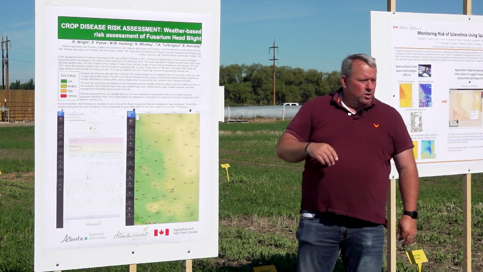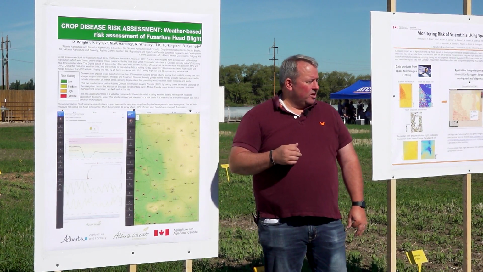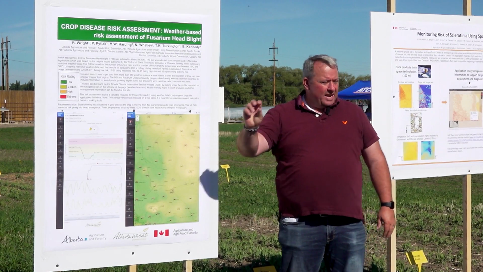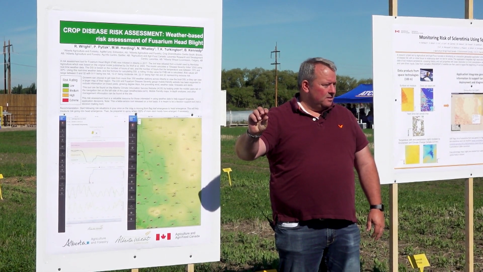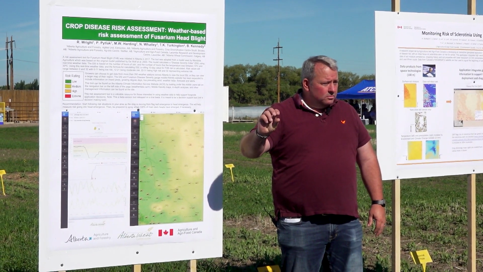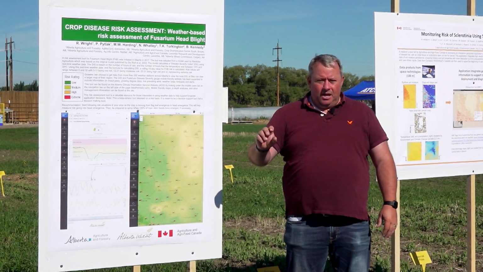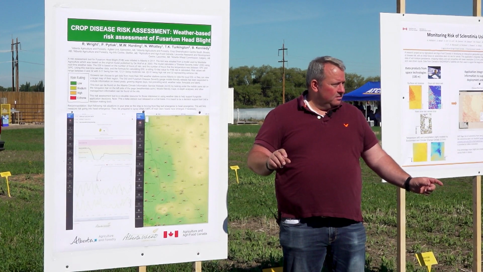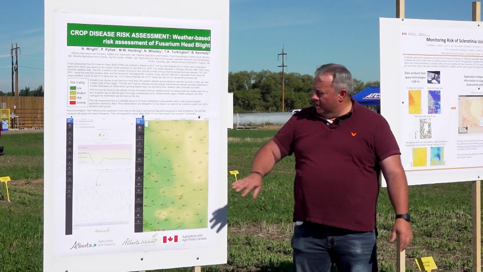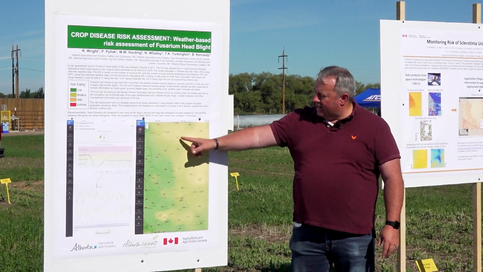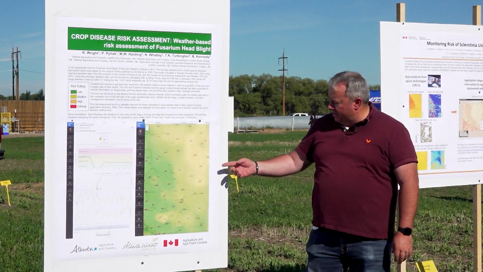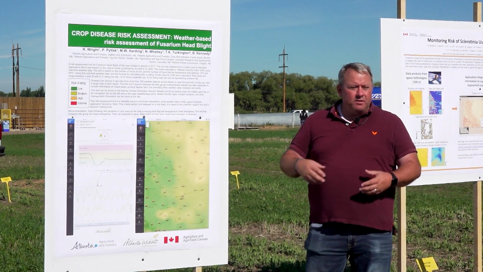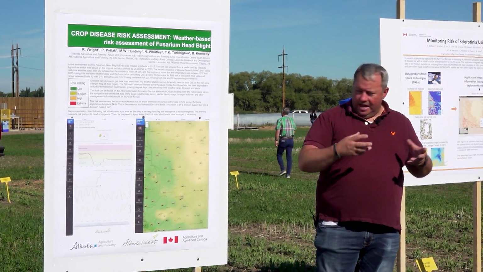So if you Google ACIS, Alberta Climate Information System, you'll get their page, and then there's a tab that says mobile users or something. Or there's a tab on the left, I think, that says Fusarium risk, under the maps section. So you can pull up a map that gives you a dashboard-like display for where the risk is high. And as the risk increases, the map turns from yellow to orange to red.